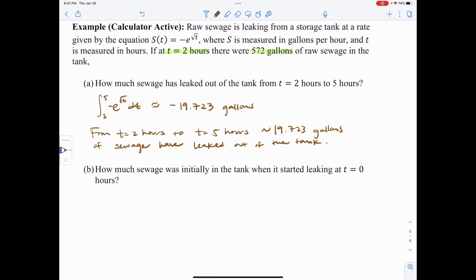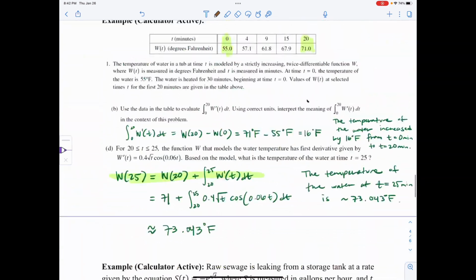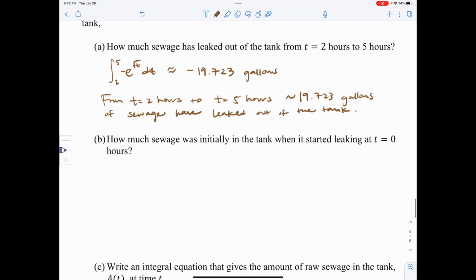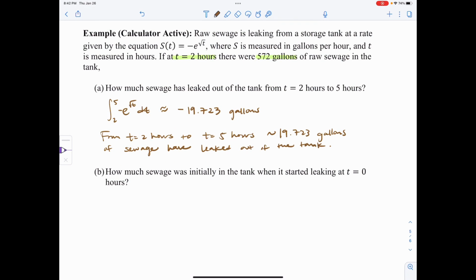So we would still want to set this up as, we'll use R to represent the amount of raw sewage.